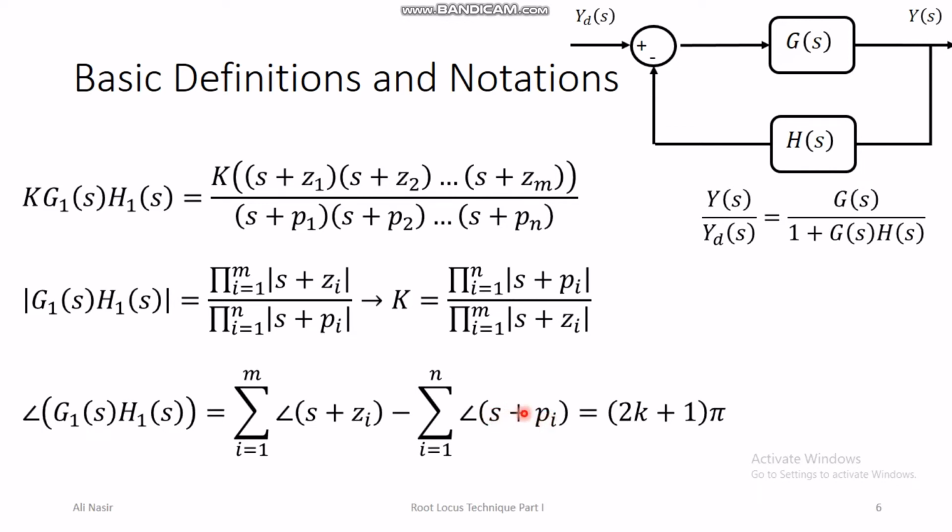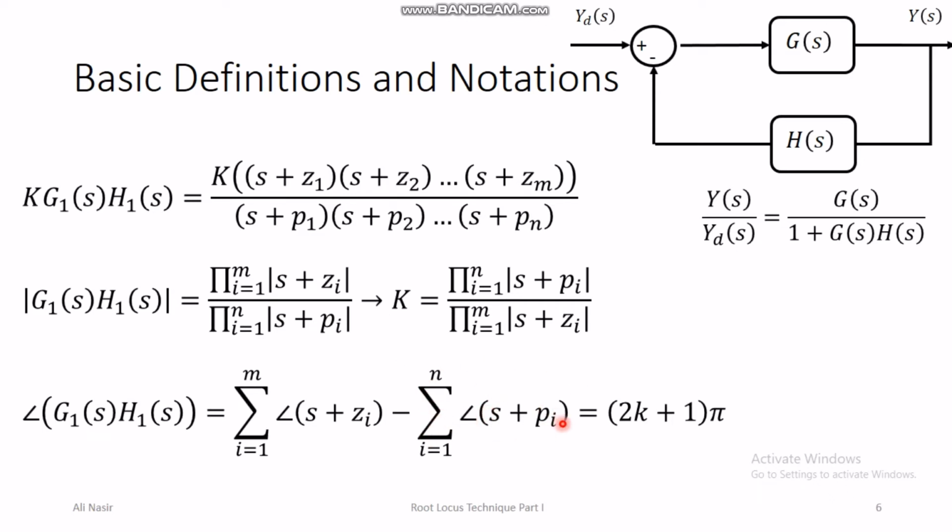If you know that a complex number can be written in terms of its gain and argument, meaning angle, then any complex number that is in the denominator, its gain would be like this, and the angle will become negative.